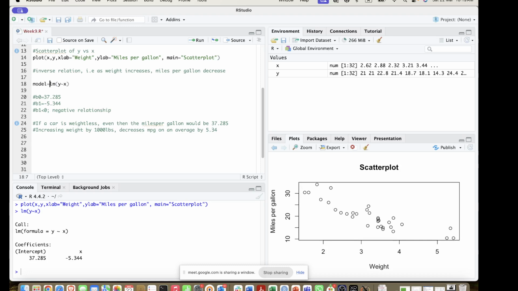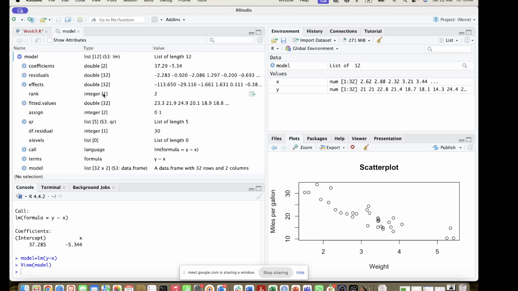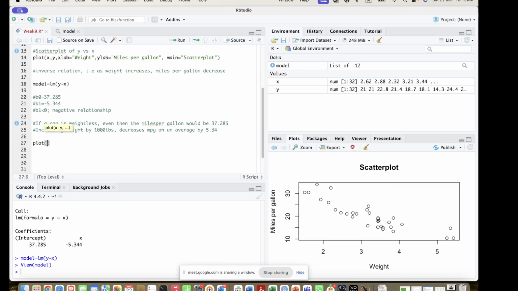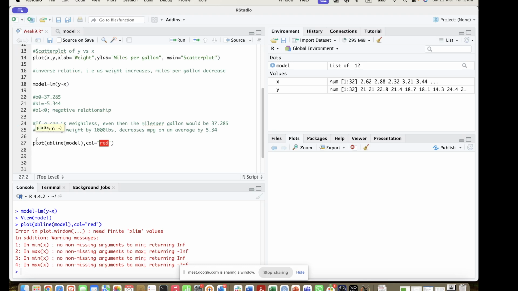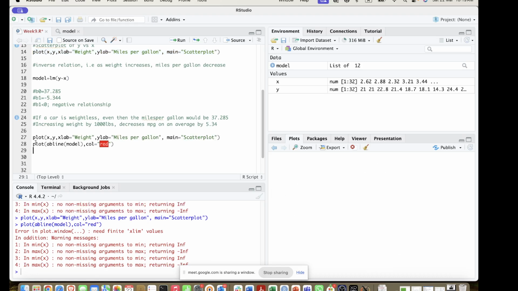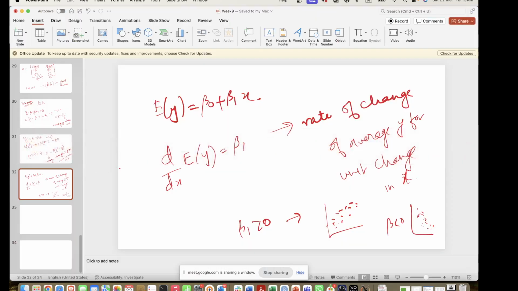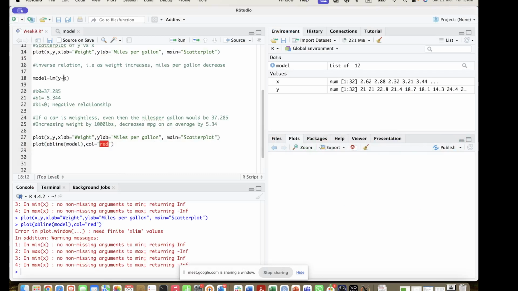So I'll call this model, this lm, and if I give a plot abline model and color equal to red after this, oh wow, need finite xlim values.